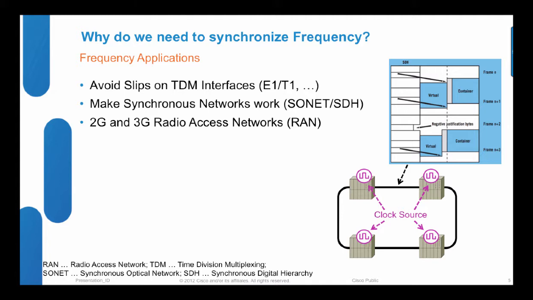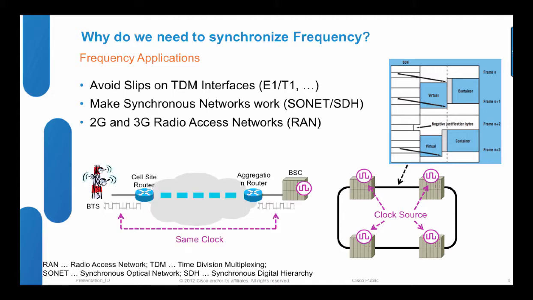Historically, we needed clocks to be synchronized from the old days of time division multiplexing with the E1s and T1s and the SONET/SDH systems of transmission. But nowadays, it's really the 2G, 3G and 4G radio access networks that require synchronization.